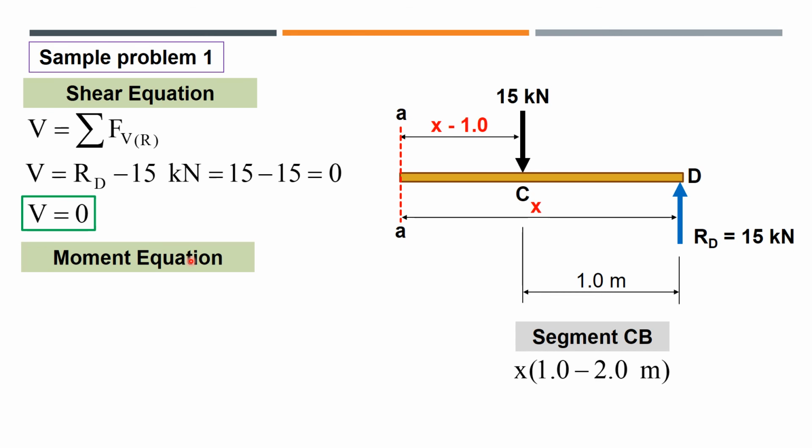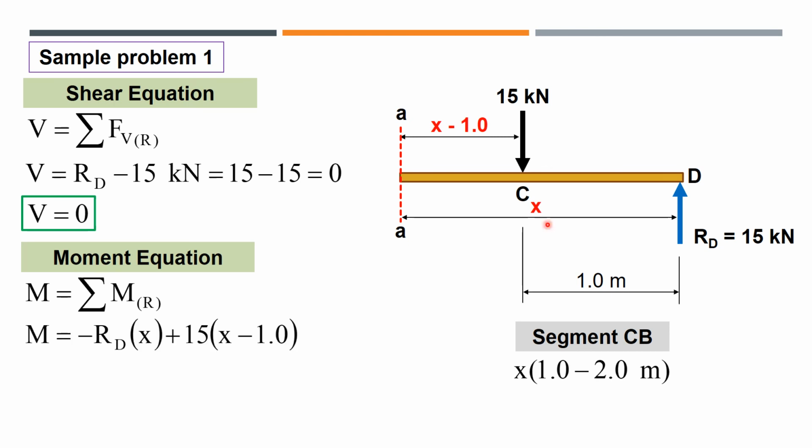Then for the moment equation, so summing up the moment created by these vertical forces about this point. So we have RD in counterclockwise direction with moment arm of x. Then 15 is clockwise, so positive, with moment arm of x minus 1.